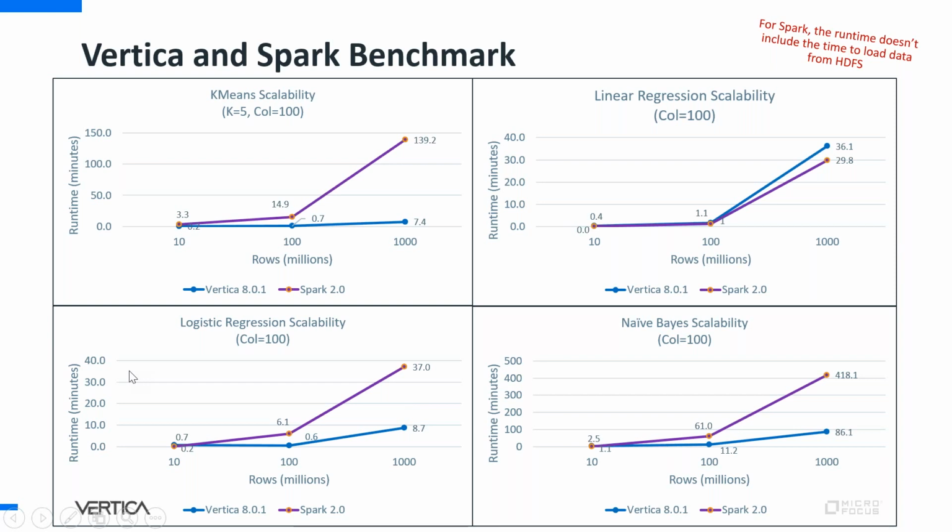You can see that the moment you go to high volumes, the other platform, in purple, sees its execution time go very high. As compared to that, Vertica's execution time does not go high even when you go 10 times, and again 10 times, from 100 million to a billion records.